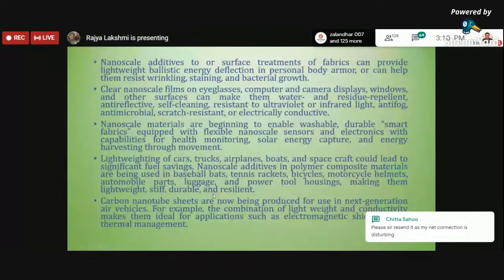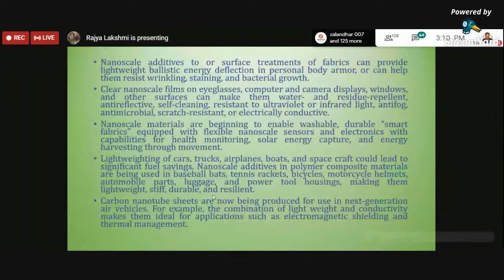At the same time, it should protect the soldier even in a very abnormal environment. So how should the fabric property be, so that it controls the human body temperature? It will protect the human body according to the environment. In such a way, people are trying to work on this.